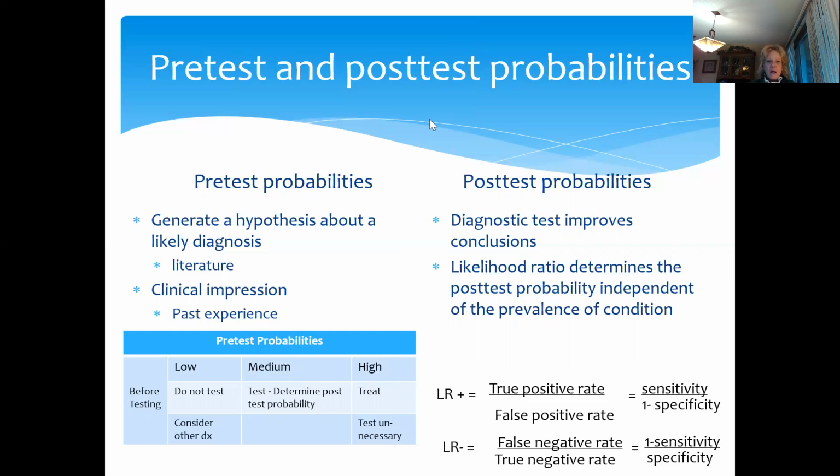So some pretest probabilities that we can look at are generating a hypothesis about a likely diagnosis from the literature. So let's go back to our example of kids with strep throat. We know from both reading the data and clinical impression, we can formulate a hypothesis about whether or not we think this kid's going to be positive for strep.